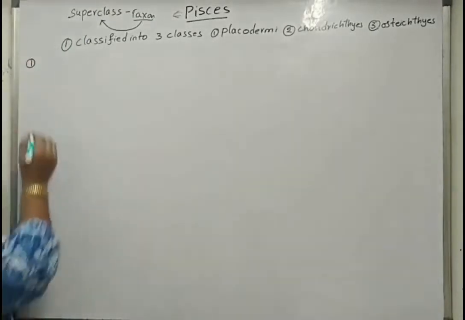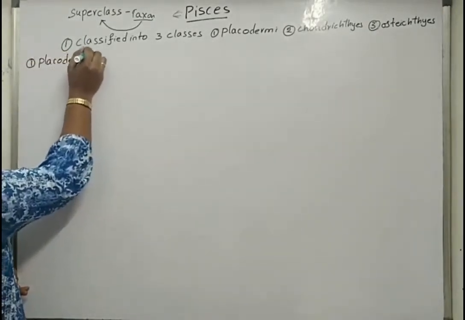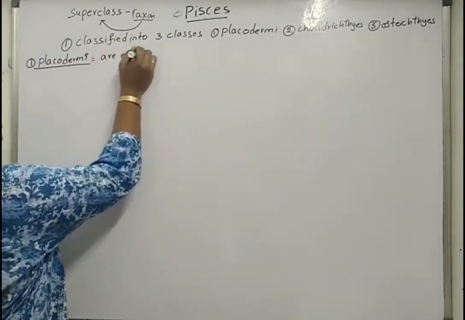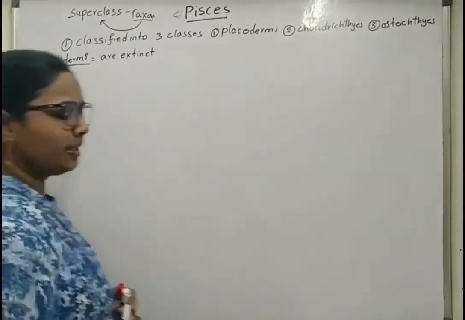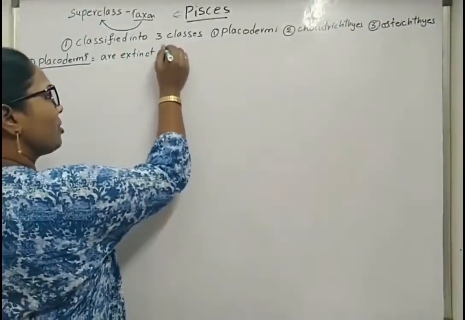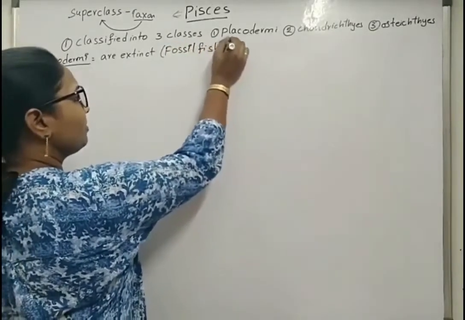So first one, Placodermi. These fishes are extinct fishes, and they are available in the form of fossils. So we can also say they are fossil fishes.